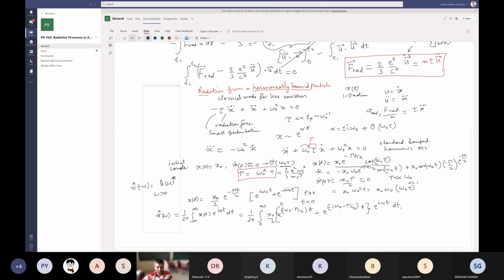So this is your Fourier transform. Okay, so basically you have to put these limits 0 to infinity.